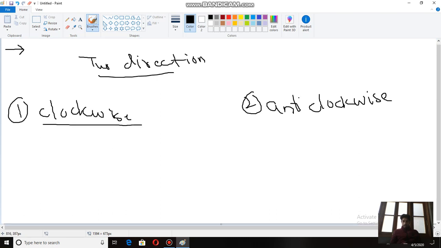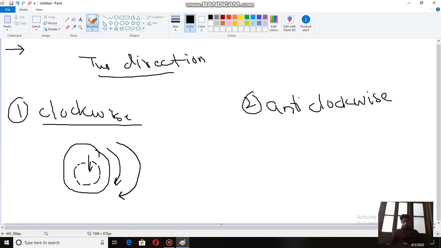All of you might have seen the hands, second hand, minute hand and hour hand of a clock. All of these hands move in this direction. That means like this. This direction is known as clockwise, and opposite to this direction is known as anti-clockwise direction.